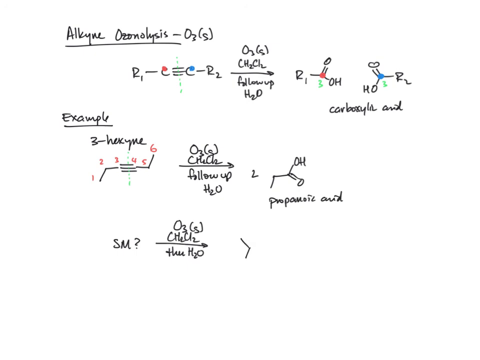And say that you end up with these two different carboxylic acids. And so you really need to be flexible in how you think about solving this. So it's asking you, what is the starting material that when treated under these conditions gives these two products?